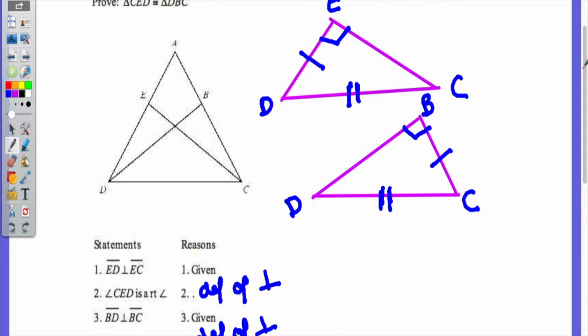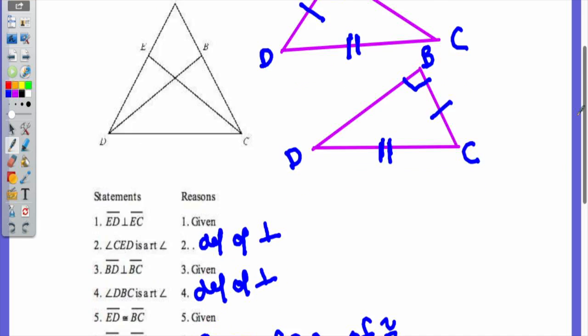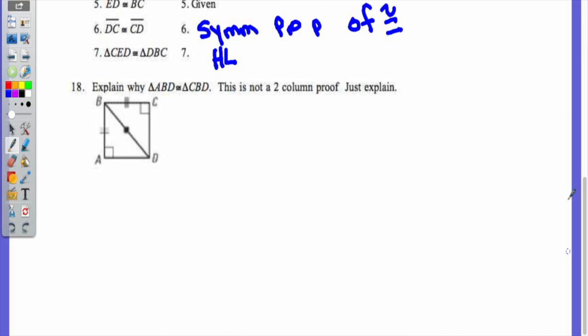Does that help you now start to see you pick which congruence theorem or postulate you're using based upon what you have? Number 18 on your test, you will have a drawing like this, and it will be a 2-column skeleton proof. In this one, though, I just ask you to look at it and determine which theorem or postulate you're probably going to use.